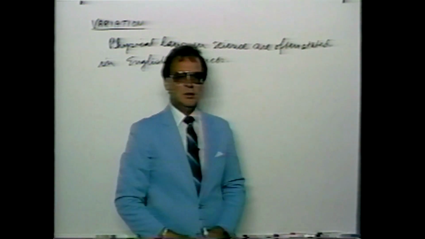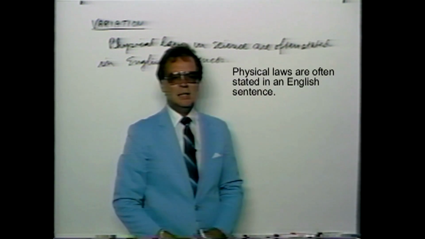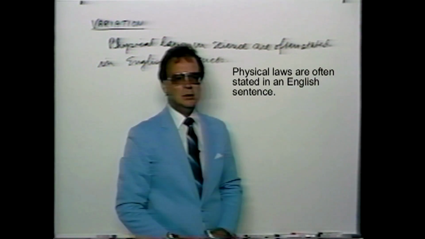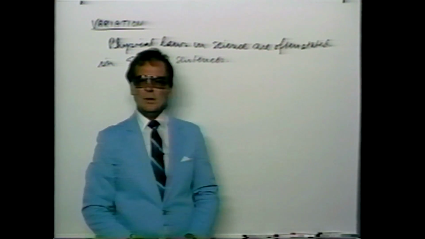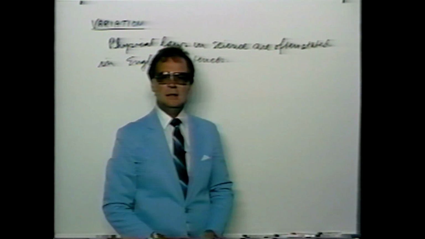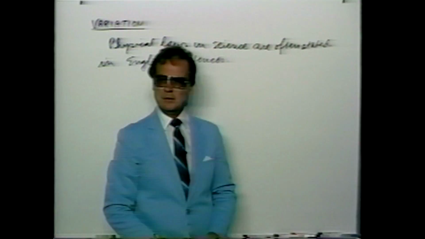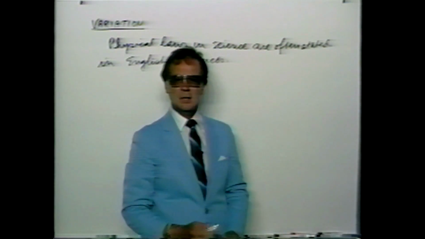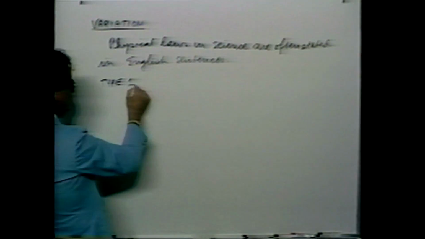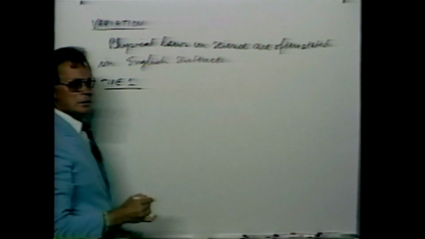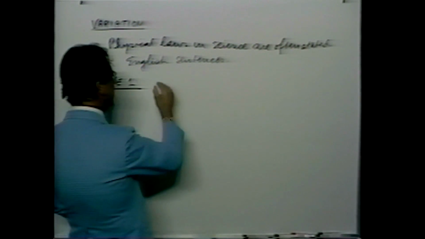I will deal with methods which translate English sentences about physical laws into working formulas, since these sentences are about variables. We can classify these sentences of physical laws into types. Type 1 is referred to as direct variation.